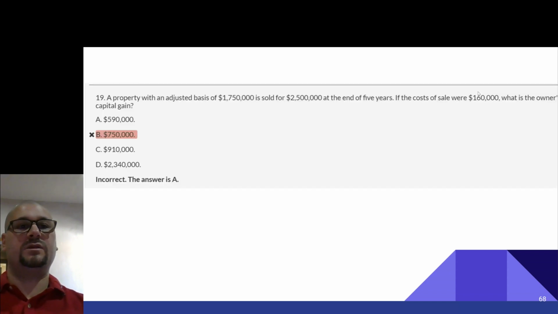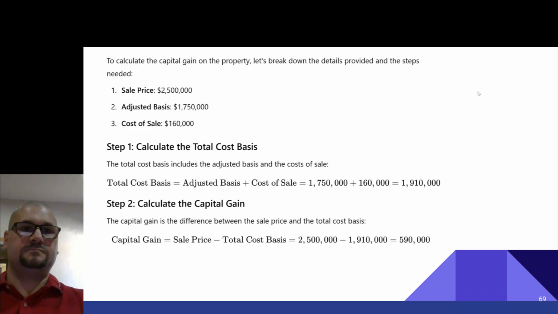All right, a property with an adjusted basis of 1.75 million is sold for 2.5 million at the end of 5 years. If the cost of the sale were $160,000, what's the owner's capital gain? So you want to calculate the total cost basis.